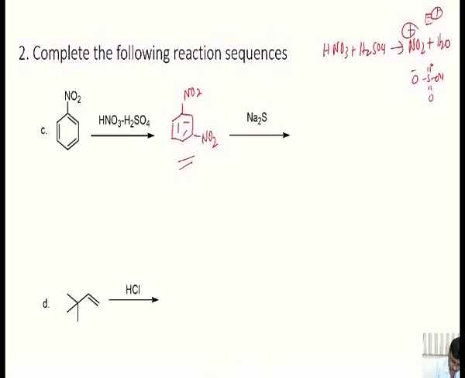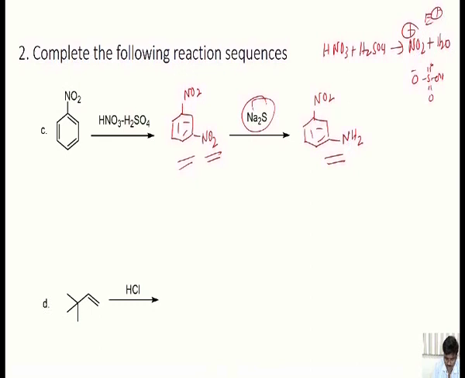This compound, when you react with sodium sulfide, can selectively reduce one of the nitro groups without affecting the other one to give this compound.